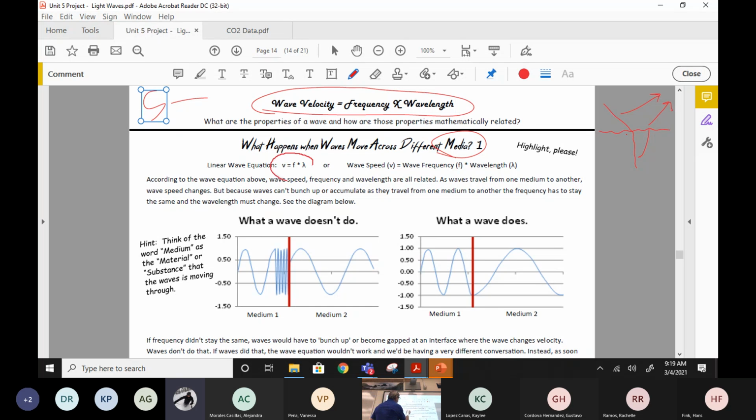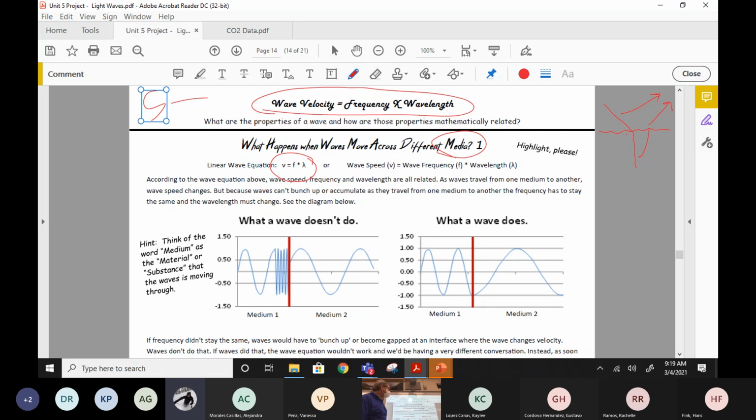Is that the same as this right here? Is this the equation in words, but this the equation in symbols? Aren't they the same? V equals f lambda, right? So according to the wave equation, wave speed, frequency, and wavelength are all related. Velocity, the speed, the frequency, how fast it vibrates, and the distance between waves, the wavelength, those are all connected.